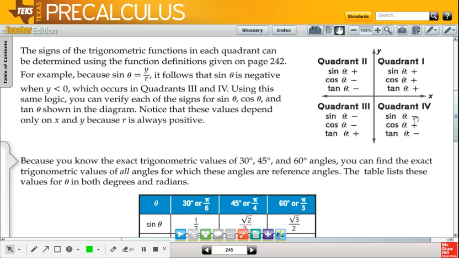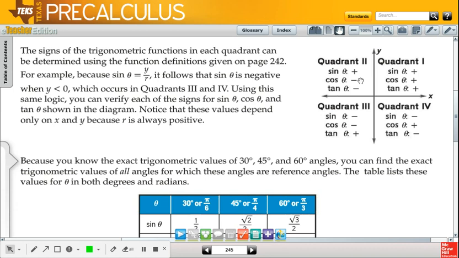Now, it's a lot to memorize for quadrants 1, 2, 3, and 4. There's a saying to help memorize this. The saying is, all students take calculus. If you take the first letter of each word, all, in quadrant 1, means all trig functions are positive.